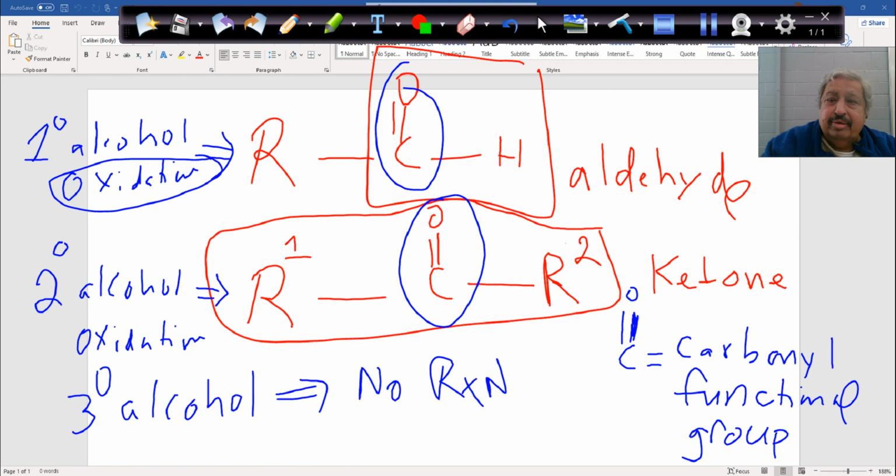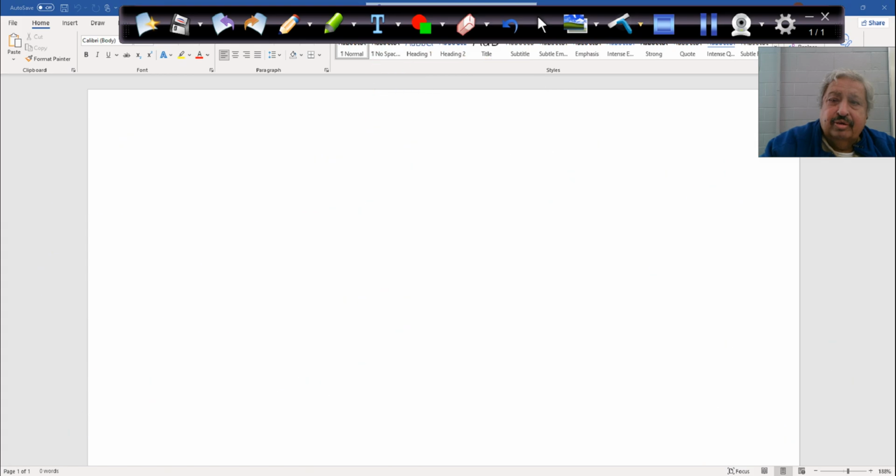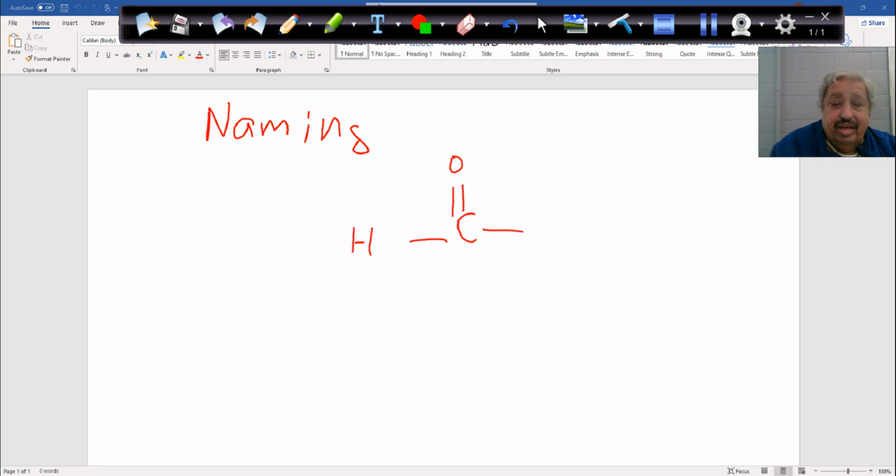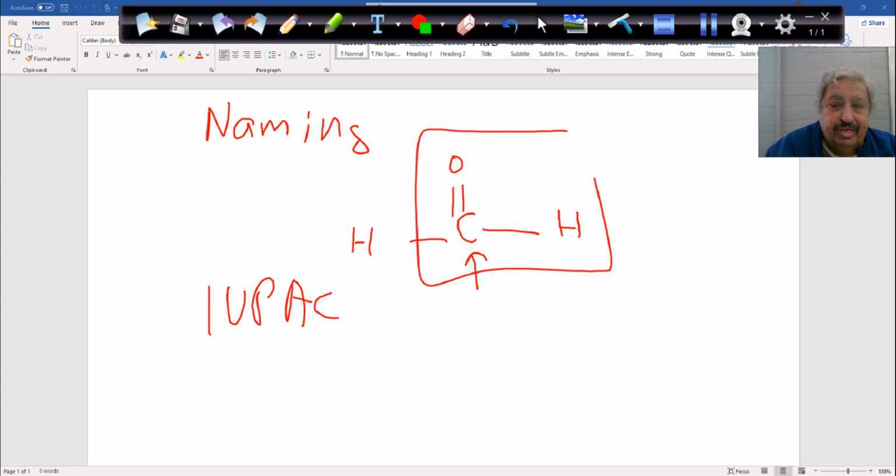So let's look at the naming, and then we'll go for physical properties. For naming, we still have very good time. I have the symbol here, C double bond O, H, H. It turns out that the IUPAC name will tell you the number of carbons, and this is a functional group here, correct?